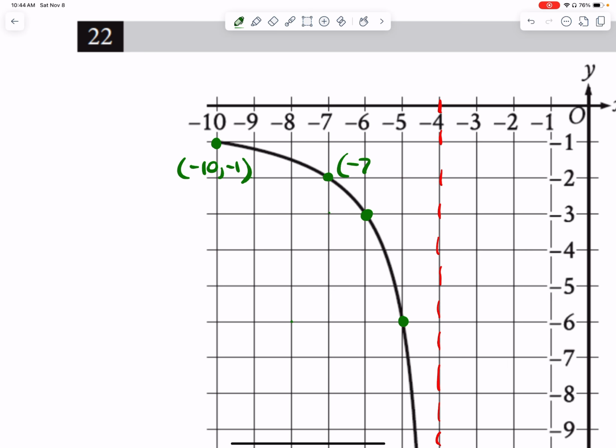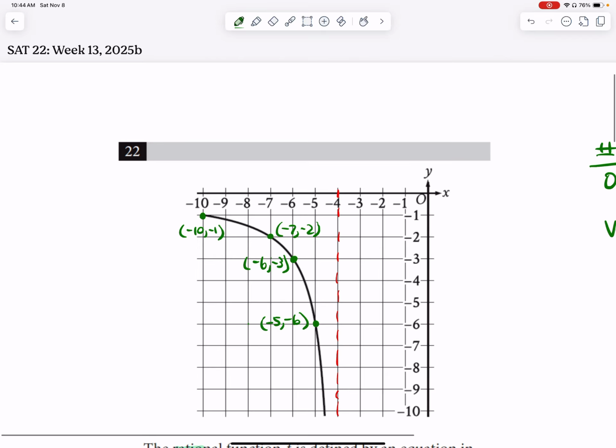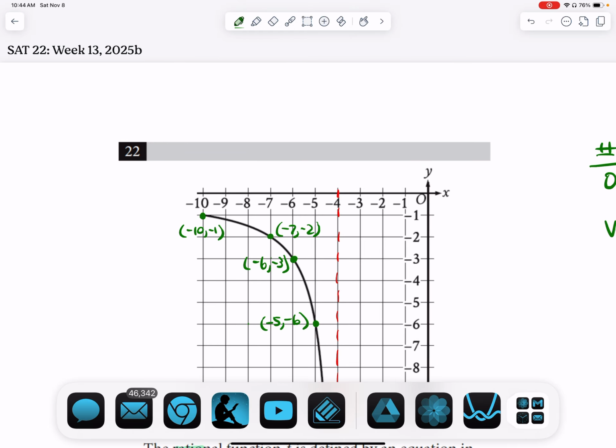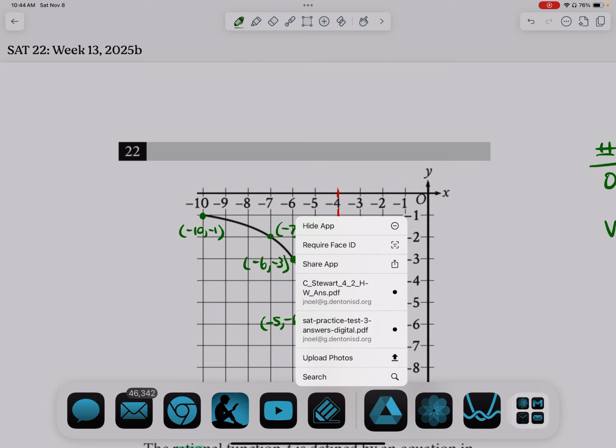This is -7, -2. Over here is -6, -3, and one more in case I need it, which I probably don't: -5, -6. Okay, there we go. And let's just scatter plot these, shall we? No, that's the wrong one. This one.